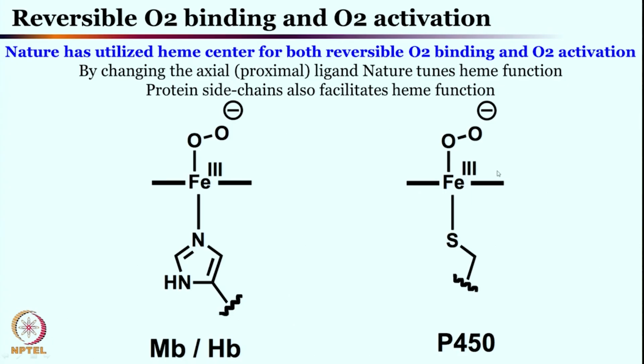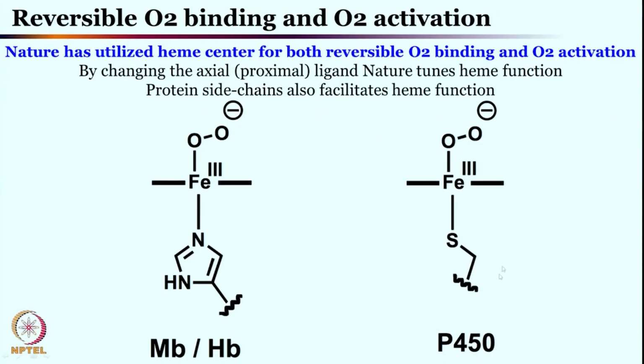This is the same species, the common intermediate for both hemoglobin, myoglobin and cytochrome P450. Despite having the common intermediate, in this case it just transports oxygen or reversibly binds oxygen, it does not do any oxygenation chemistry. On the other hand, cytochrome P450 obviously forms the same intermediate, but it engages the substrate, as you have seen many different substrates, in taking the oxygenation reaction forward. So, this is quite amazing. By utilizing the same cofactor, the iron porphyrin, nature has decided to do completely different functions.